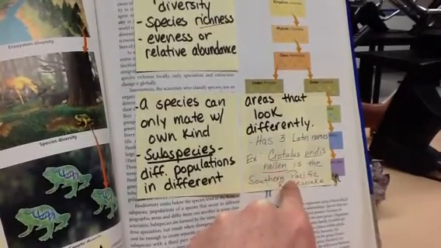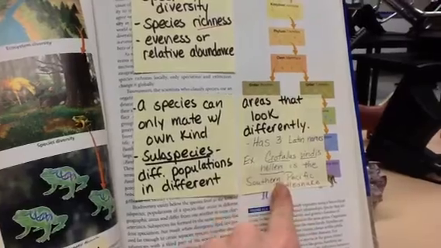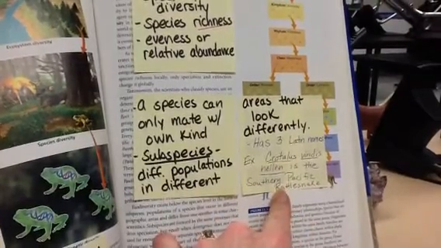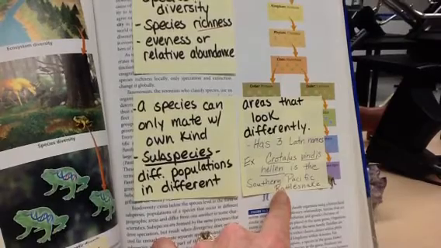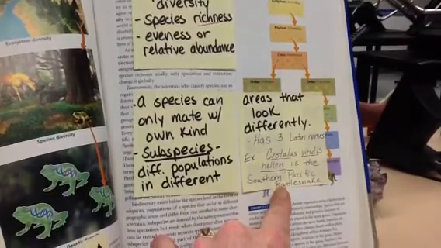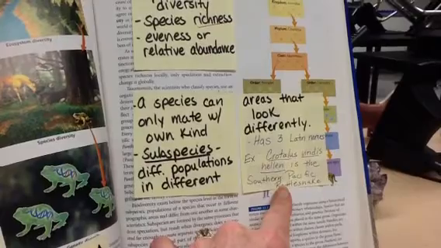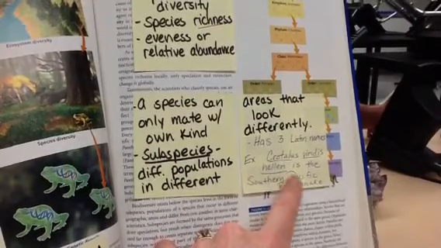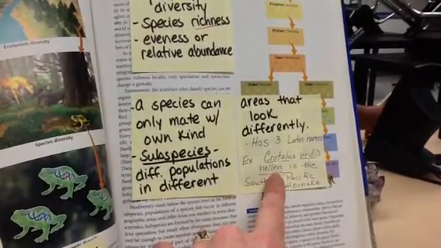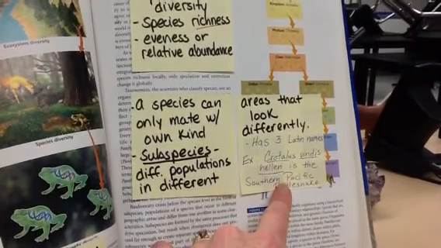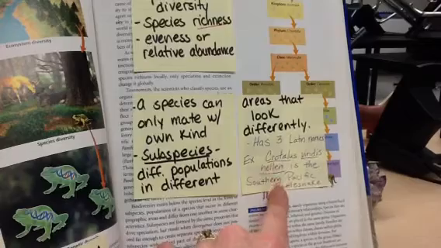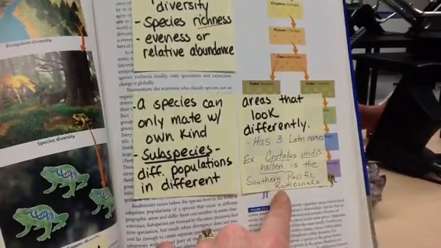What this means is that our rattlesnake could mate and produce babies with all kinds of western rattlesnakes, from Idaho to Oregon to Arizona. So it is a western rattlesnake, but because it has special markings and lives in the chaparral and it's its own little population, we call it a subspecies, the Southern Pacific rattlesnake.